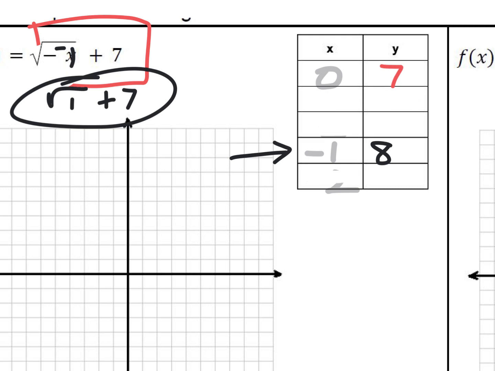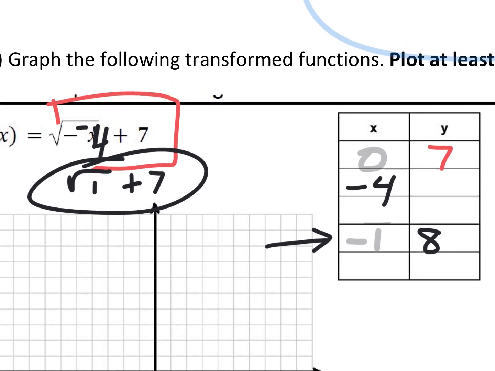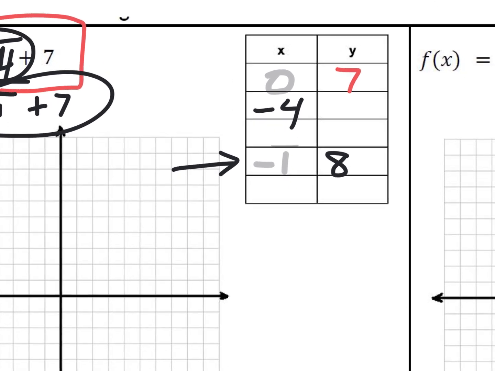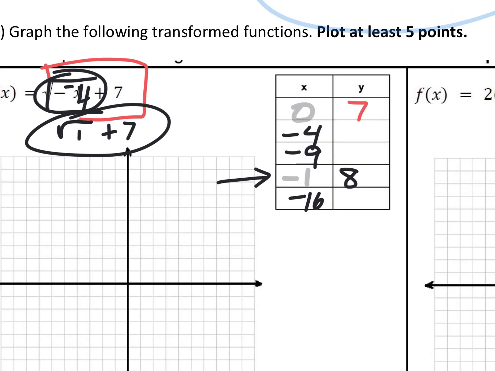But then I realized you have to put in negative numbers or it's not going to work. So I'd put in -4, because then you get negative of -4, and that actually works. You know what I mean? -9. -16, I guess. It's a little weird, but it would work. Goes off the graph, I know.